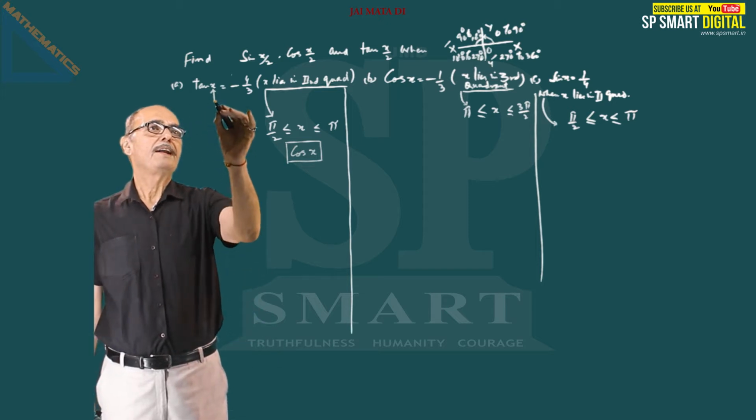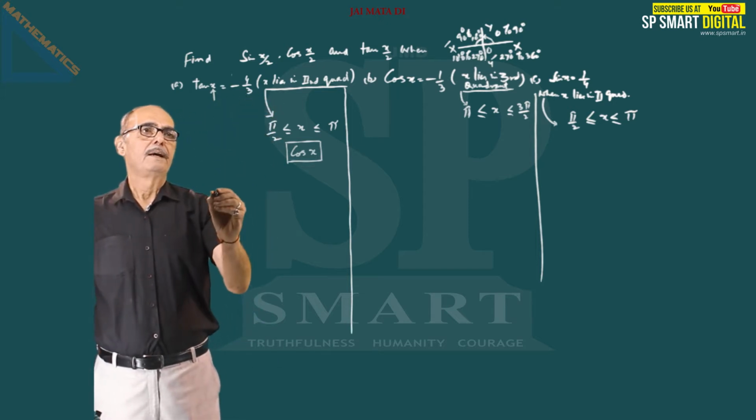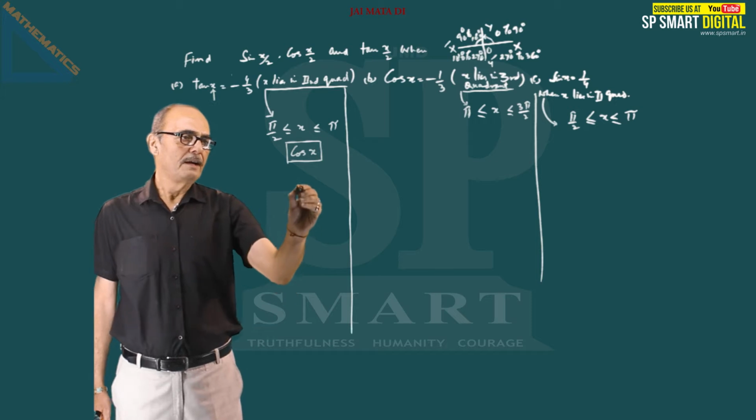Now, tan x is minus 4 by 3 and x lies in the second quadrant.